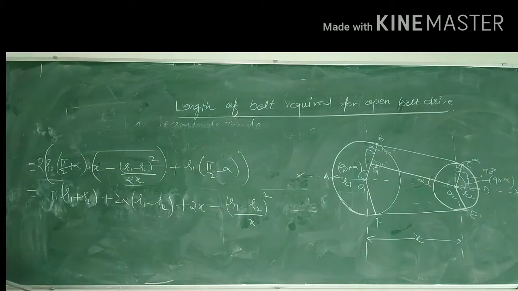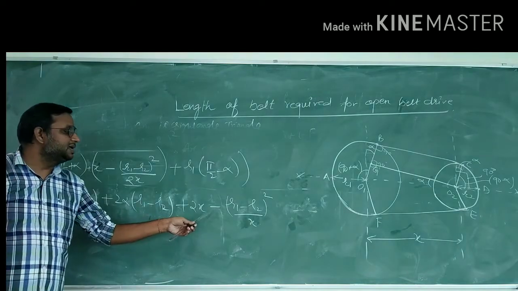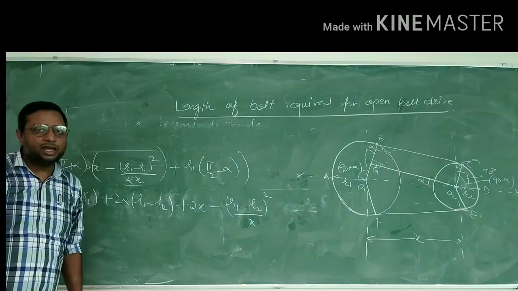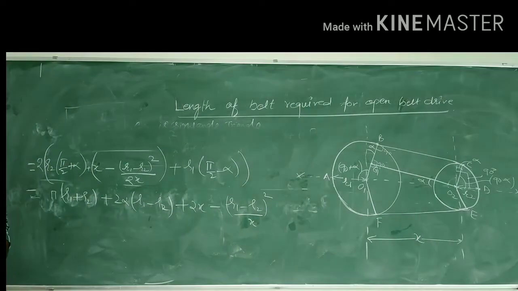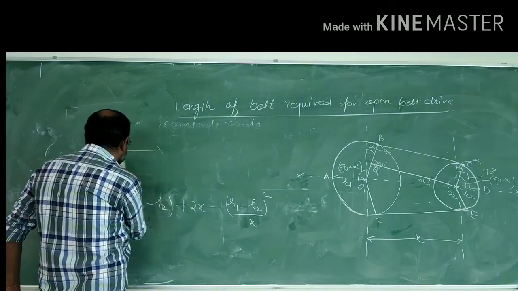So after solving this equation, we will get this equation. Pi R1 plus R2 plus 2 alpha R1 minus R2, okay, plus 2x minus R1 minus R2 square by x. Okay. So this is the required form till now.